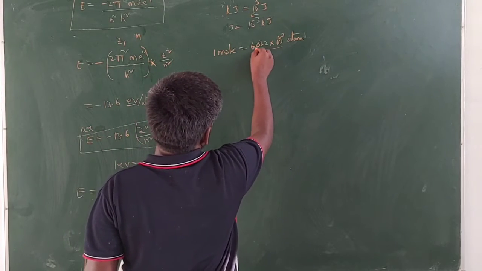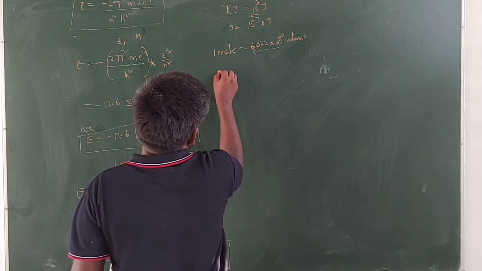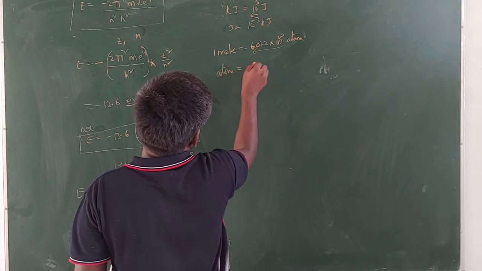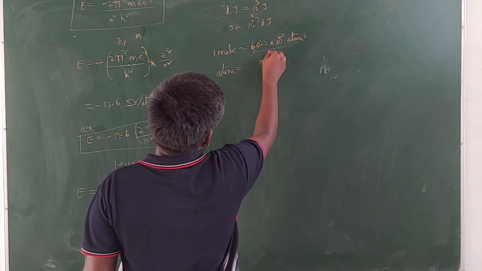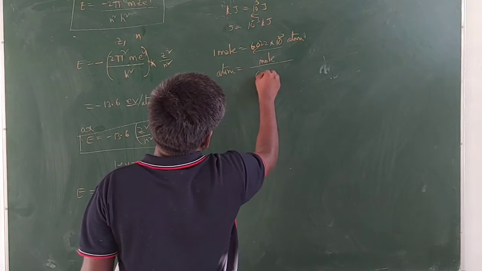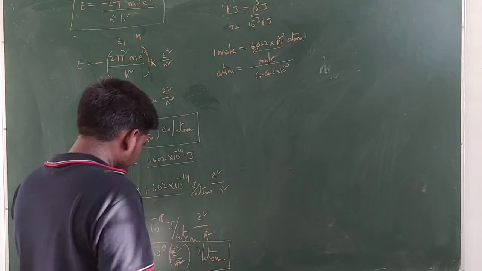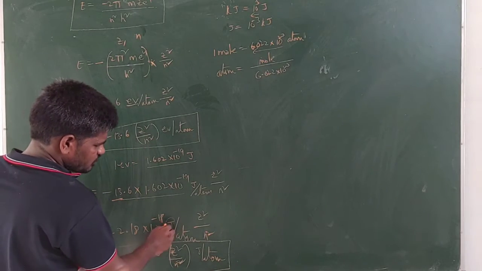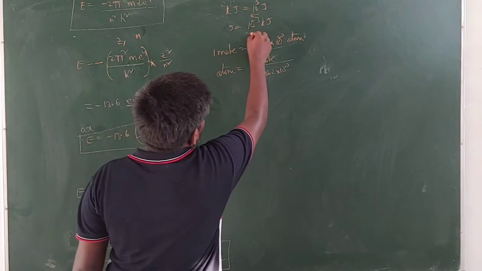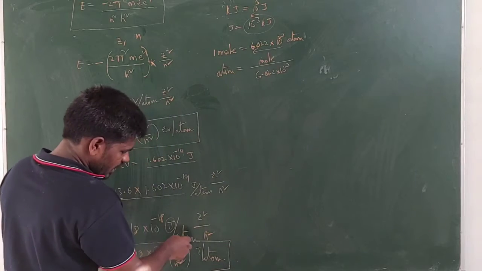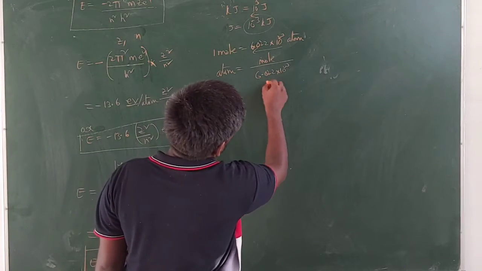Simply you have to send this figure to the left hand side. From that, atom is equal to mole by 6.022 into 10 power 23. So now in this equation, instead of joule you have to take this figure, and instead of atom you have to consider this one.